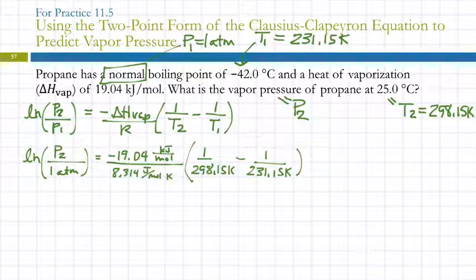Always include the units and look at them before you do any calculations. Are the units all good? Well, moles will cancel, right? And the kelvins are going to cancel. But up here I've got kilojoules, and down here I have joules. That's going to be a problem.